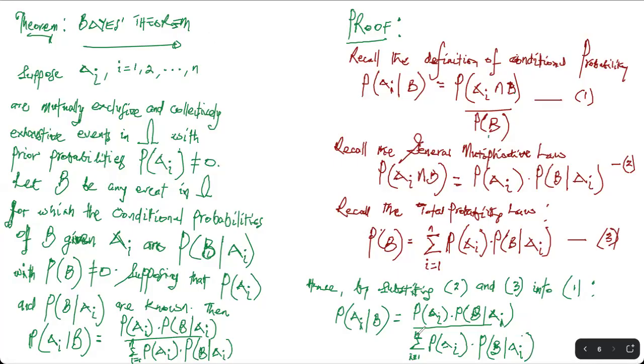If you look at the top very well, it is the same as what you have at the bottom. The bottom is the sum of all the several instances of what you have at the numerator.